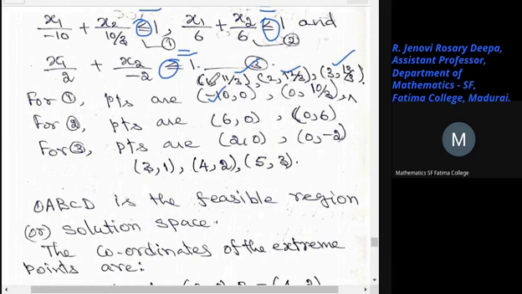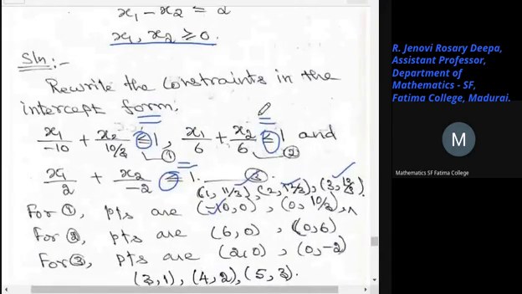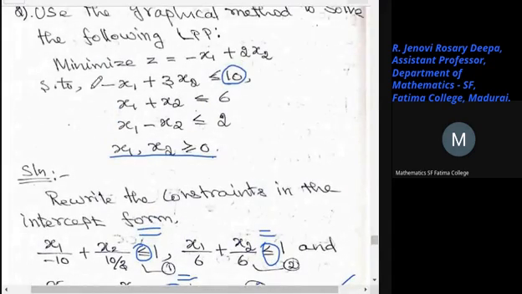When x1 is equal to 1, from the given equation, considering it as an equation, minus 1 plus 3x2 equal to 10.